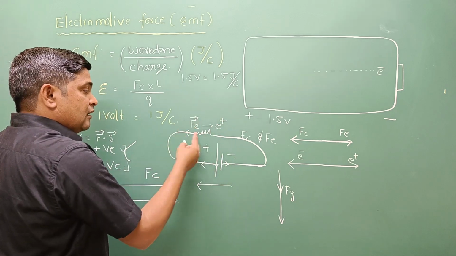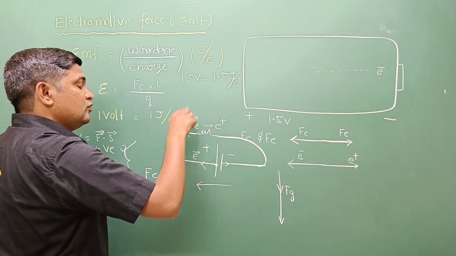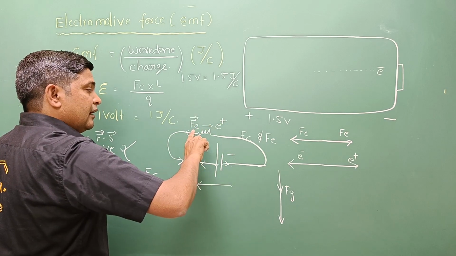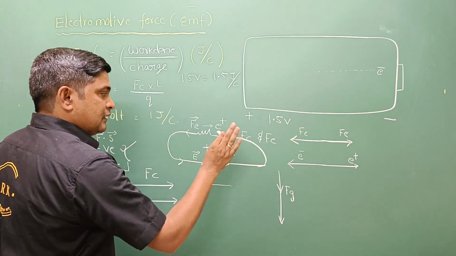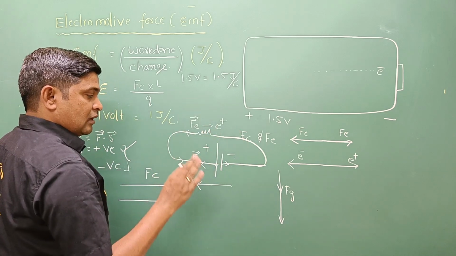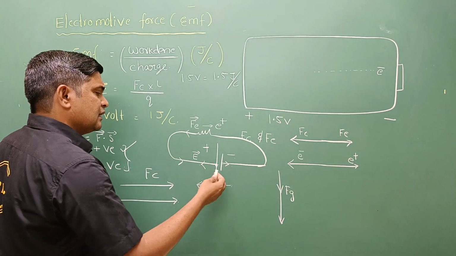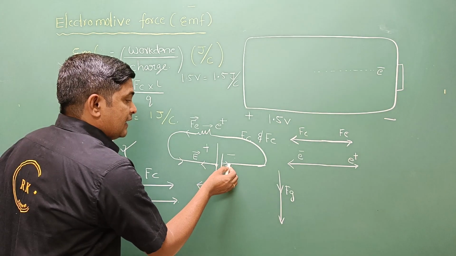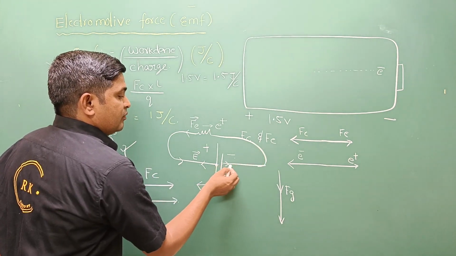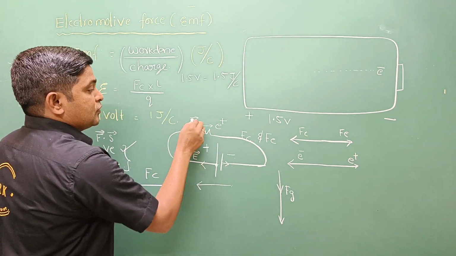Then you have to take a positive charge. Okay, for the electrical force on the positive charge, the work is going to be positive. Let me forget this electrical force, I want to talk about chemical force. The chemical force is making the electron move from negative to positive, opposite to this, right?